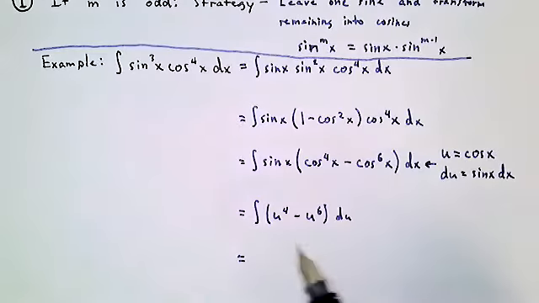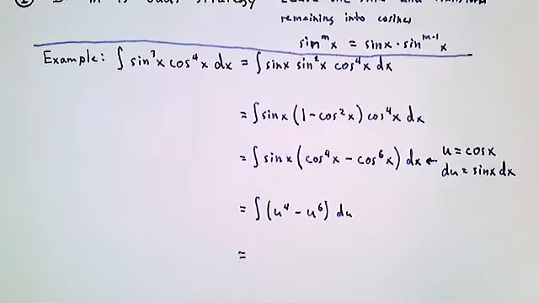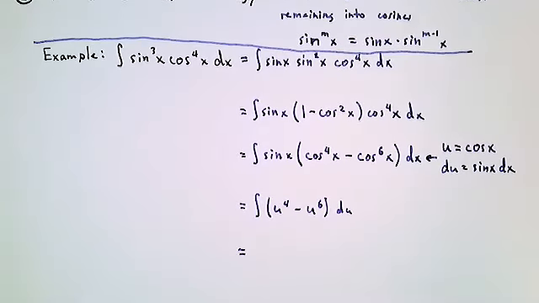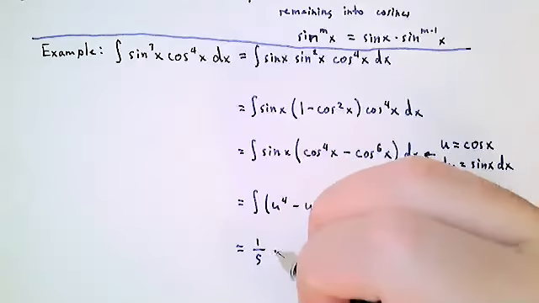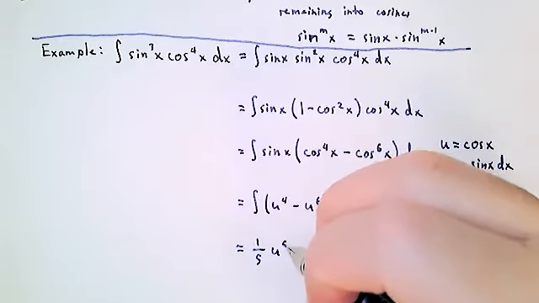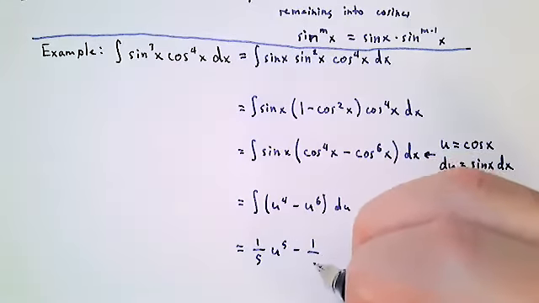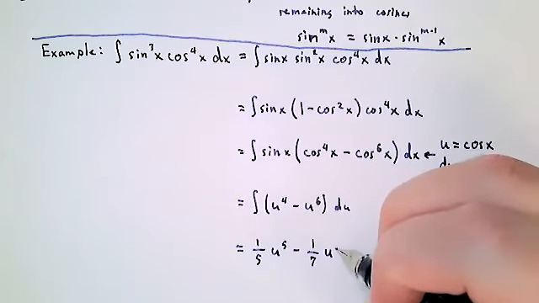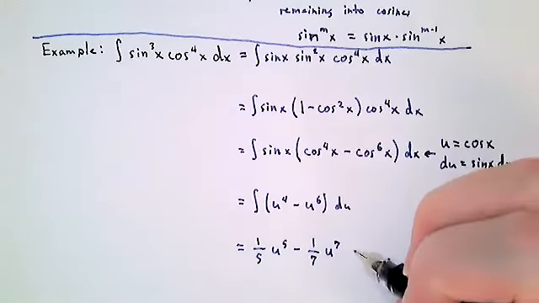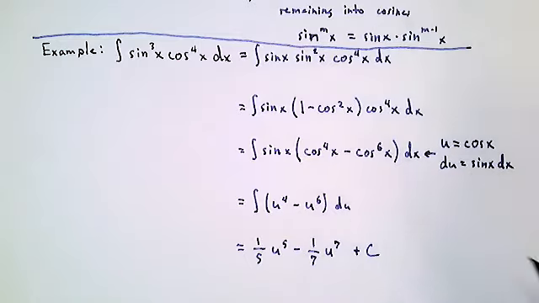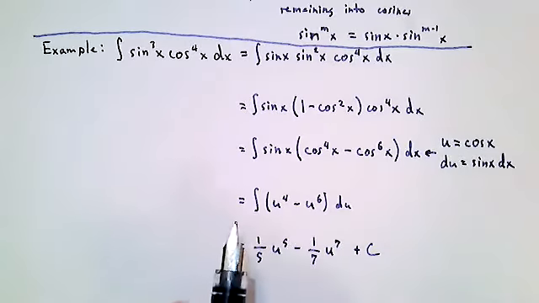And just leave the u's in when you answer. Someone want to give it a try using the power rule? 1/5 u to the fifth and 1/7 u to the seventh. Good. Yeah, so remember your minus sign, and then you'll have to add a constant on the end, since this is an indefinite integral.